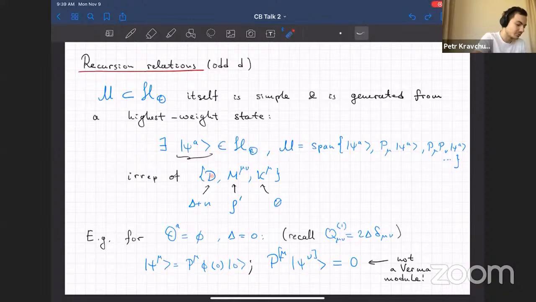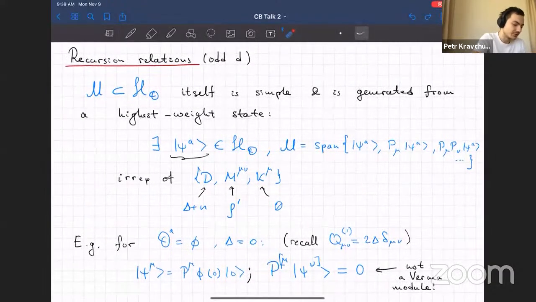So dilatation acts by delta plus n, where n is the level at which this psi n A sits. They transform in some new irreducible representation of the Lorentz group rho prime, which is in general different from the Lorentz representation that generated HO. And K mu still acts by 0.